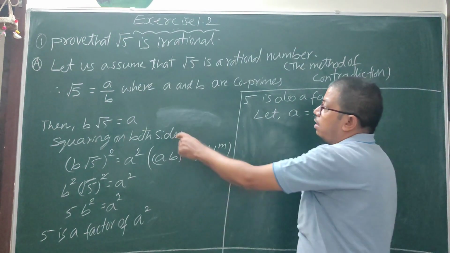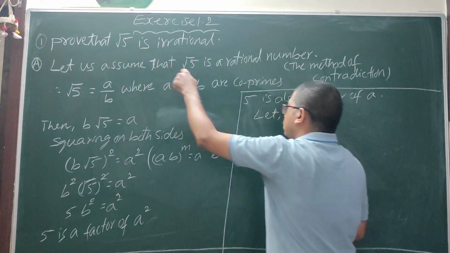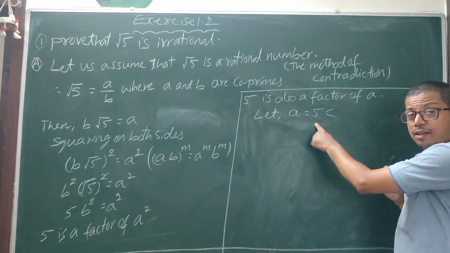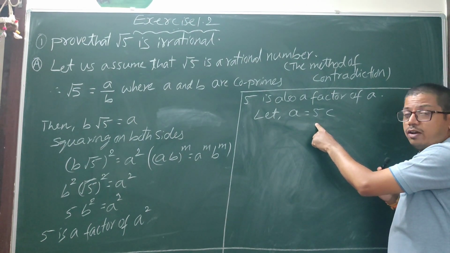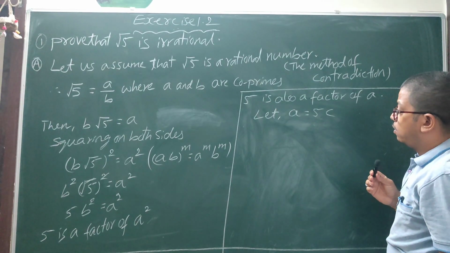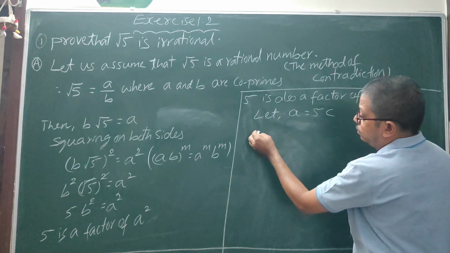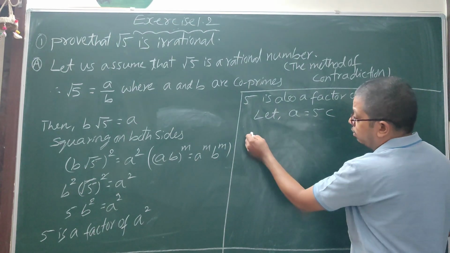If I am given root 3, I had to take a equal to 3c. Therefore, here let a equal to 5c.